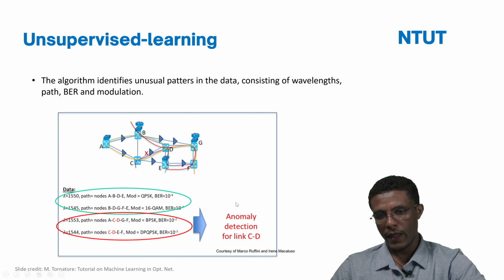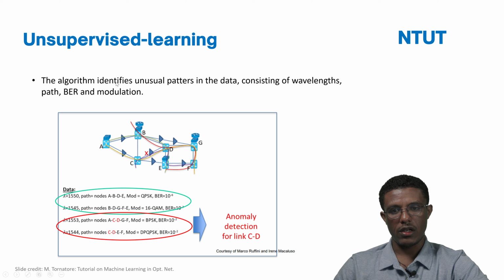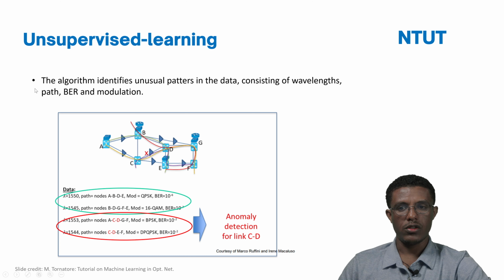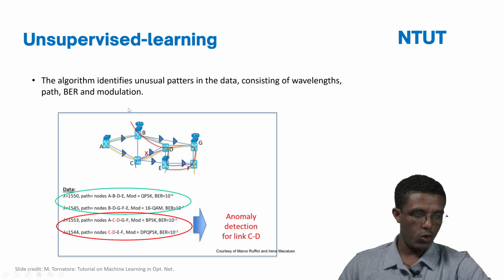For example, this figure shows a network in optical communication. The network has different paths for transmitting the signal. We already know the data: the wavelengths, the paths, the bit error rate, and the modulation.